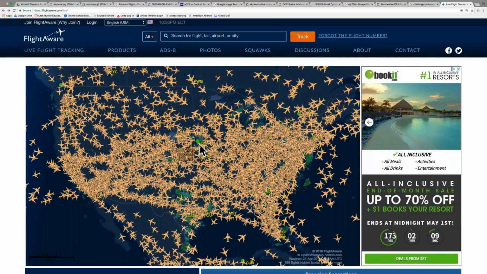The second the wheels touch the ground, the ACARS sends a message up to the satellite, and then sends a message down to me in my office that says, "Hey, the airplane's touched down on the ground." I can literally watch that happen as it's happening. So it's really, really neat stuff.